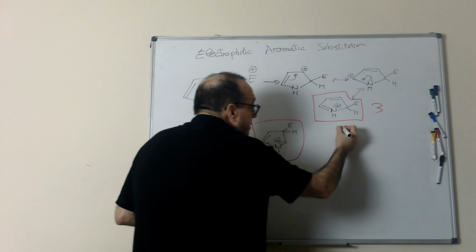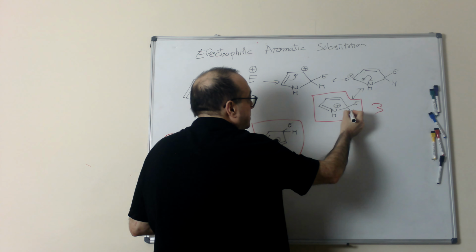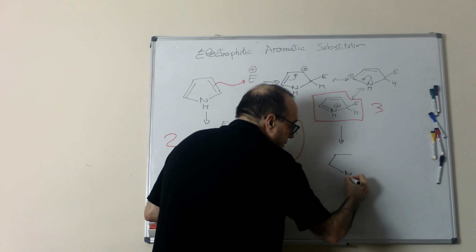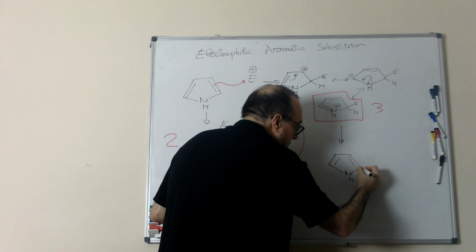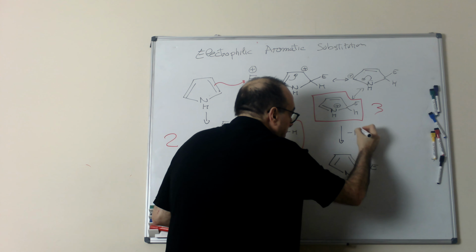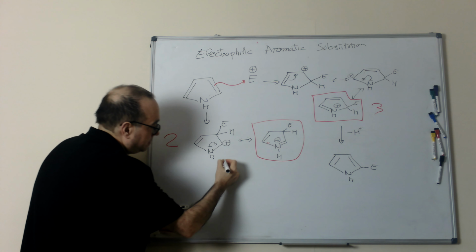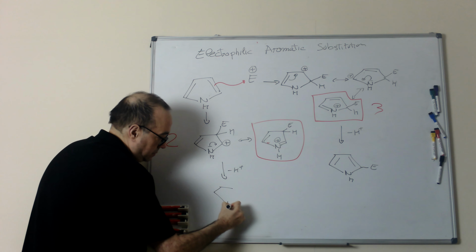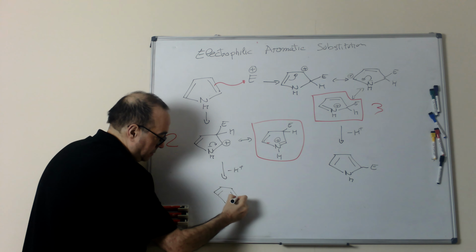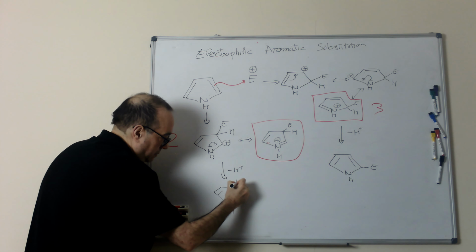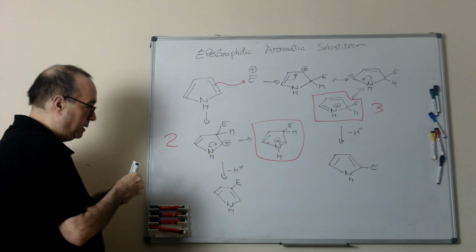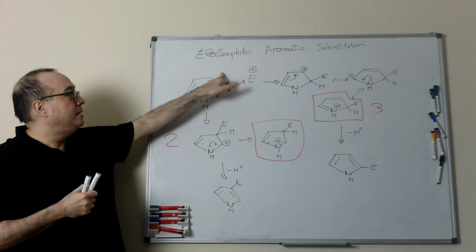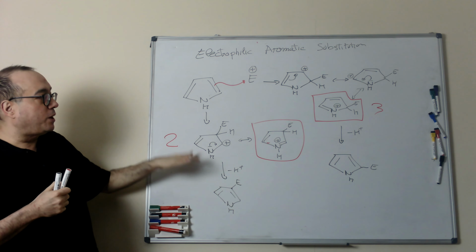If we do the attack in C3, we get two resonance structures.